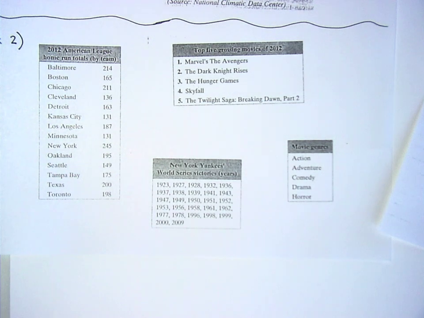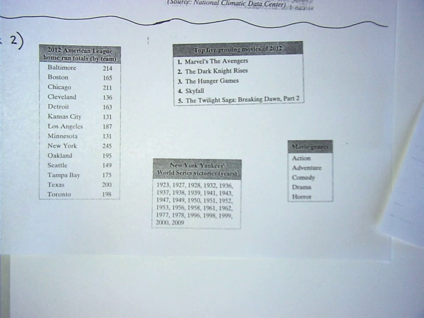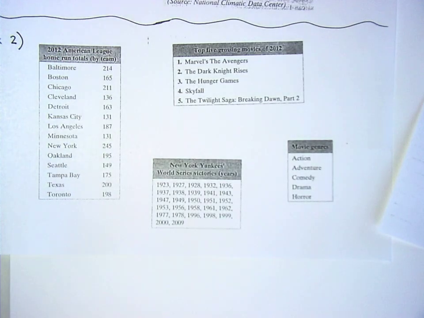So, can you put data in order as is? Are the differences between the numbers meaningful? No, we don't know how much the Avengers beat out the Dark Knight, or the Dark Knight beat out Skyfall. So that's kind of the same thing.